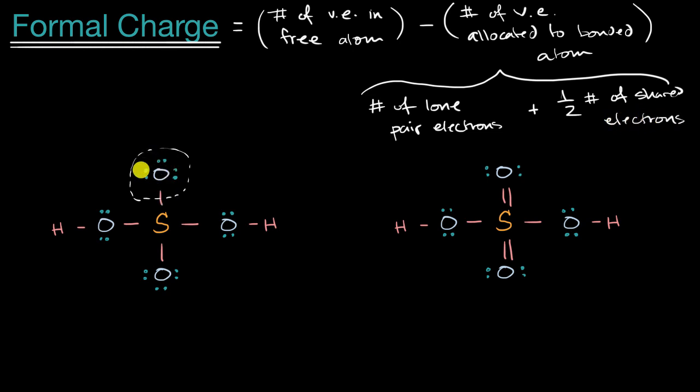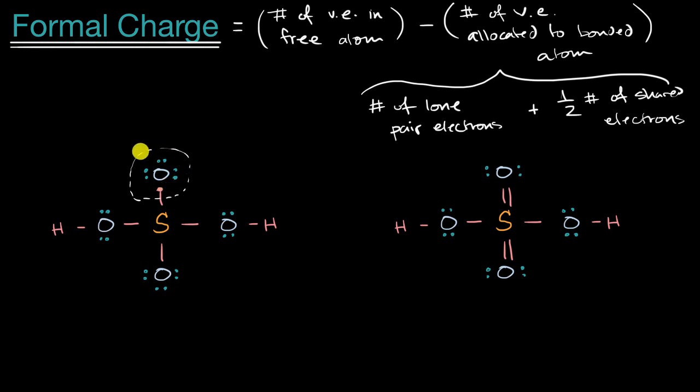So for example, this oxygen that I just circled, your number of lone pair electrons is 2, 4, 6, and then half of the shared electrons. There's 2 electrons that are shared in this covalent bond, so it gets half of them. So you could imagine an electron right over there on that half. That gives us a total of 7 valence electrons allocated to the bonded atom in this circumstance.